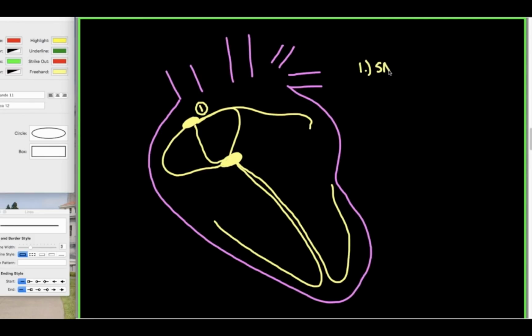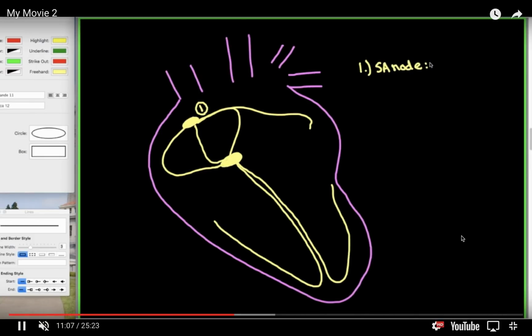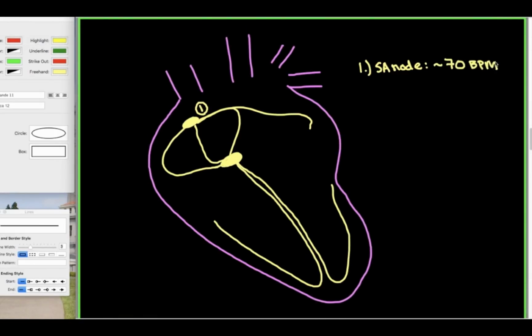So if we look at the SA node, the beginning of this autorhythmic network, the SA node is a collection of autorhythmic cells, and each of these cells in this SA node can fire an action potential 70 times per minute, so 70 beats per minute.